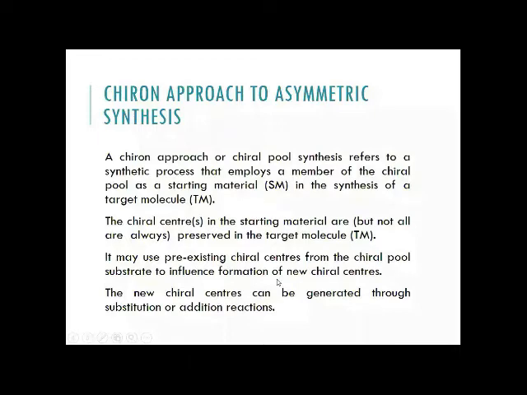So whatever chiral center is in the starting material may not be present in the target molecule, and a new chiral center is formed at another carbon. The new chiral center can be generated through substitution or addition reactions. We already discussed in organic chemistry that SN1 and SN2 are substitution reactions, along with various addition reactions. These are the main reactions used to generate a new chiral center.